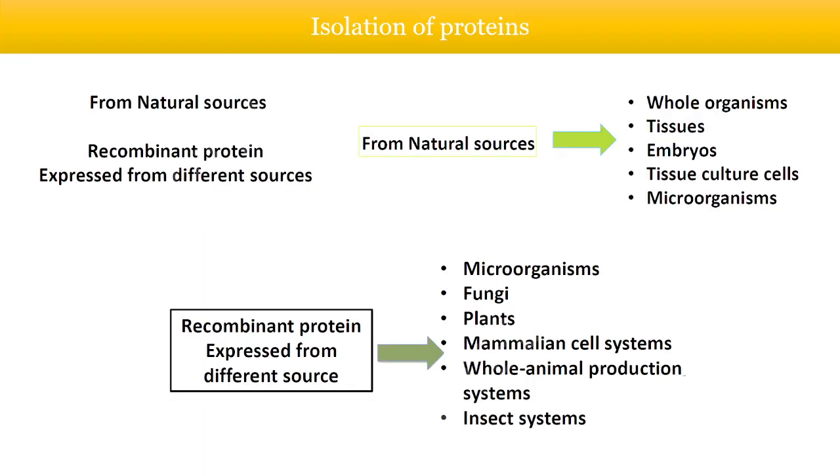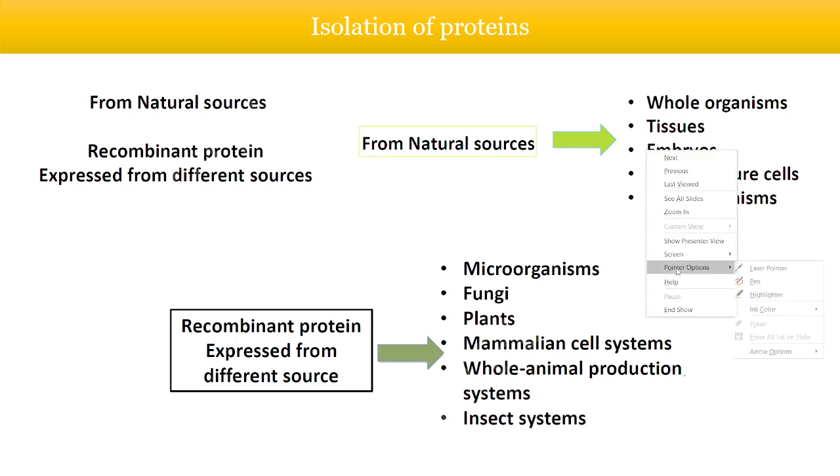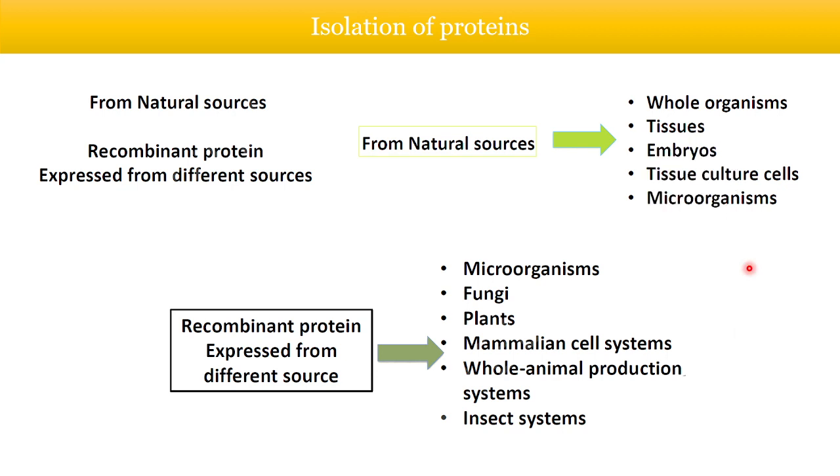So beginning with the isolation of the protein, proteins can be isolated from different sources. One is the natural source and the other one being the recombinant source. From the natural source, there are plant extracts, yeast extracts, and bacterial proteins which can be extracted by natural means.